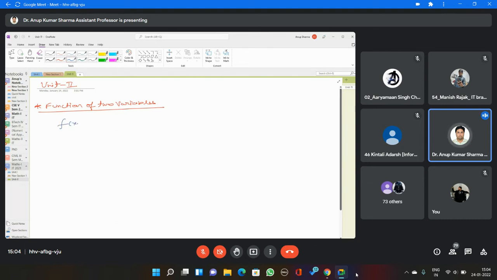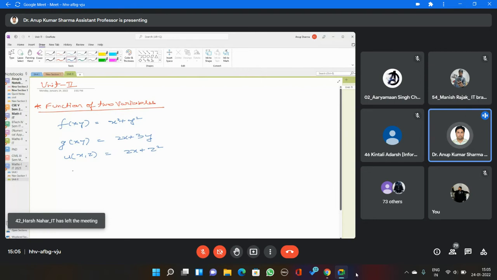This is a function of two variables, like x square plus y square. It can also be denoted by something like 2x plus 3y. It's not only x y. We can also define it like u of x, z, so 2x plus z square, something like that.